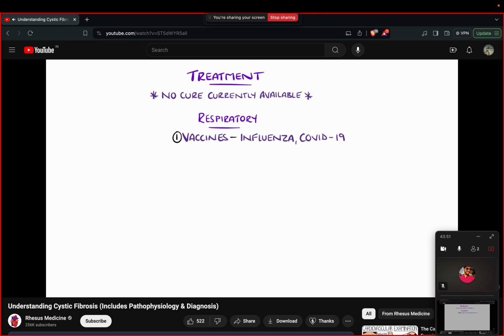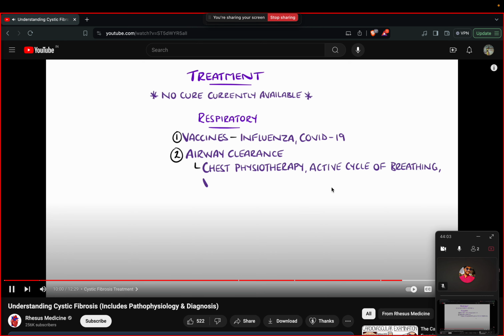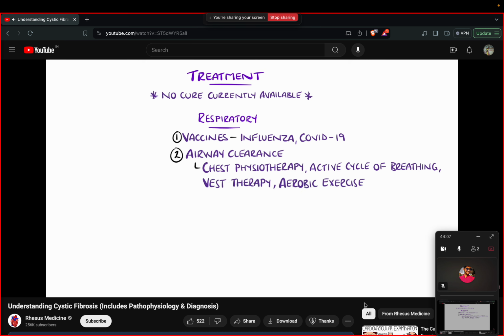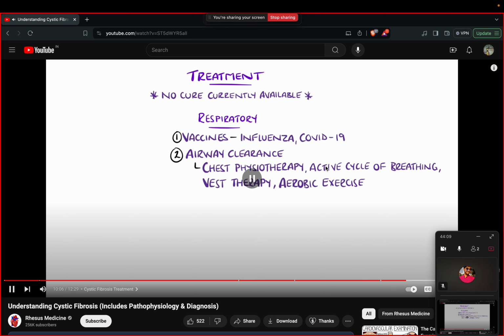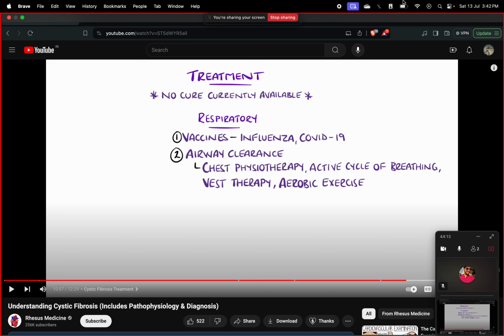Airway clearance measures involve movements to encourage expulsion of the thicker secretions, such as chest physiotherapy, active cycle of breathing, and other methods like vest therapy may also be an option to aid this, and aerobic exercise is also encouraged.